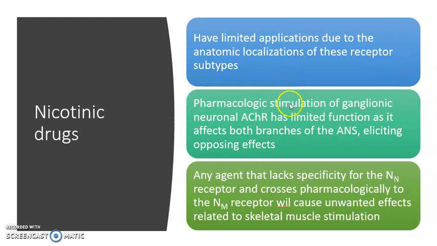And if we stimulate the ganglionic neuronal acetylcholine receptor in the ganglion, that's going to affect both branches of the autonomic nervous system, the sympathetic and also the parasympathetic, because the ganglion, as we know, is before the target organ. So for example, if the target organ is the lungs, this is a ganglion. It will synapse here first, and then it will synapse again at the target receptor.